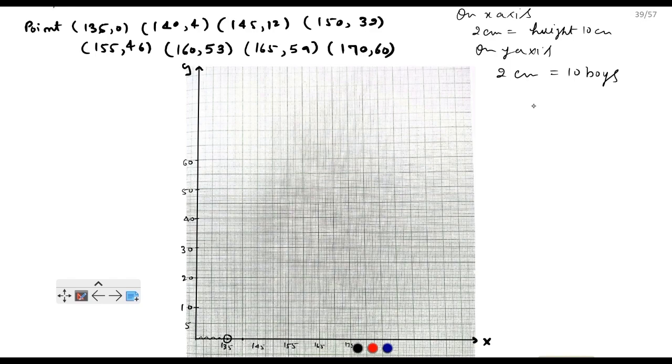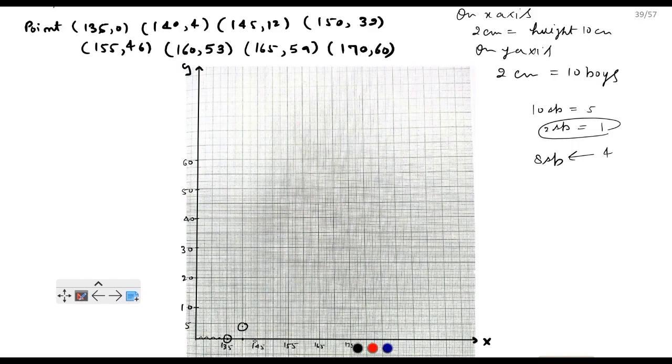Means 10 small parts is equal to 5, means 2 small parts is equal to 1. Then 4 will be 8 small parts. On 8th part you mark 140, 4.